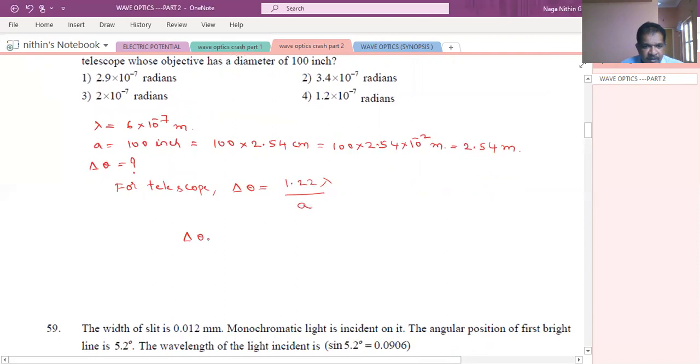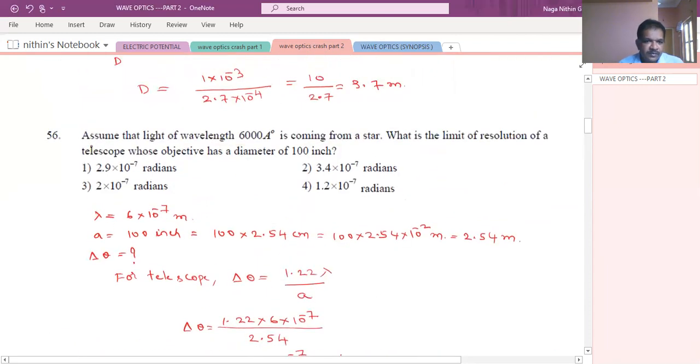So delta theta is equal to 1.22 into 6 into 10 power minus 7 by 2.54. After calculating this, we will get it as 2.9 into 10 power minus 7 radians. So this is the answer for it.